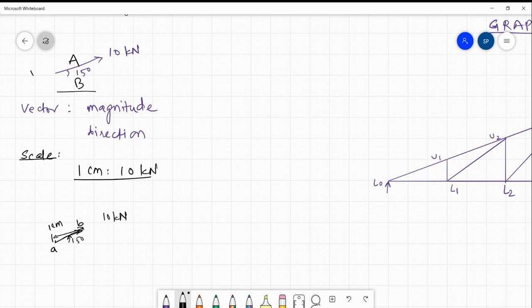First, you have to introduce Bow's notation on either side of the force. Then you have to select a particular scale. For representation of that force, you should know the direction. So here, starting from point A, along the 15 degree line, I draw a line segment of 1 centimeter to represent this force A to B.